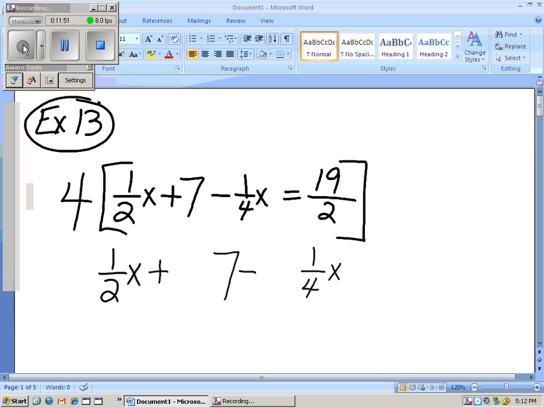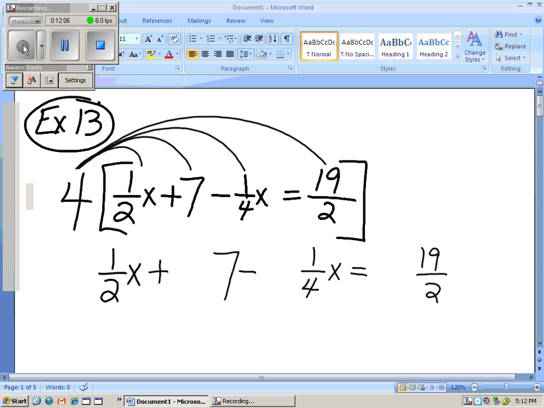All right, I'm going to go ahead and put my equals, and then I'm going to leave a space in front of the 19 over 2. That's how we get ready to multiply everything by 4. All right, so what I'm actually doing is just the distributive property. I'm just multiplying each of these terms by 4. All right, I like to spread it out this way because it just seems to make more sense to people.